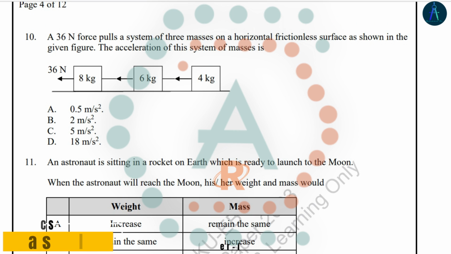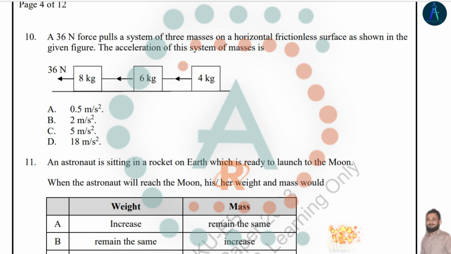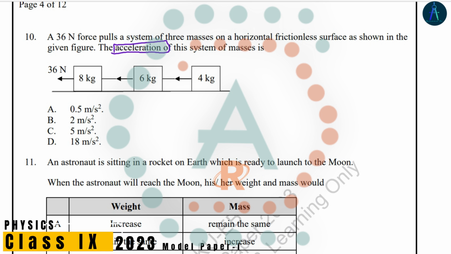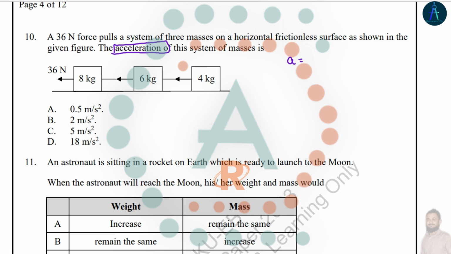Now see question number 10. A 36 Newton force pulls a system of three masses on a horizontal frictionless surface as shown. We have to find the acceleration of this system, and we know that according to the second law of motion, acceleration is equal to force over mass.